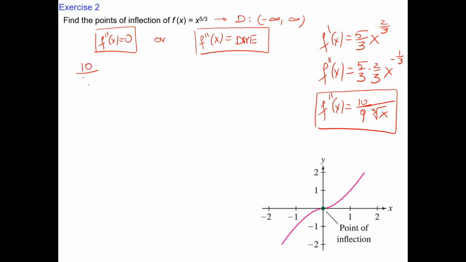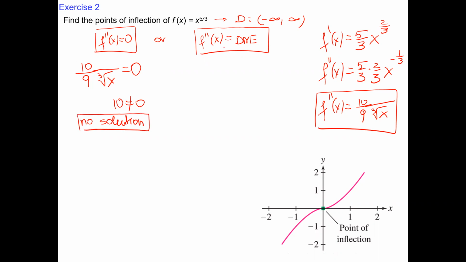Second derivative is defined like this, and it has to be 0. Fraction is 0 if the numerator is 0. Numerator doesn't depend on x. We have no solution from that part. No x values.